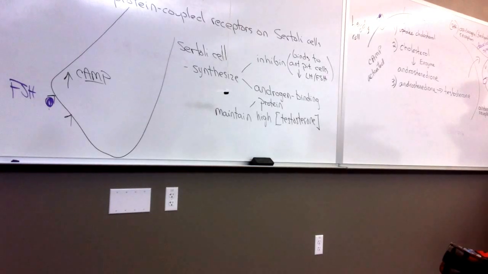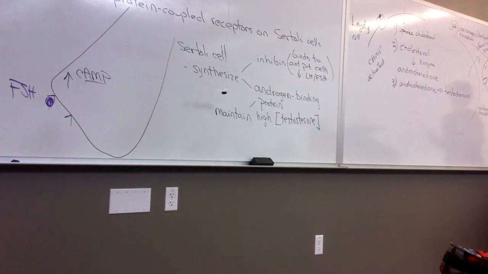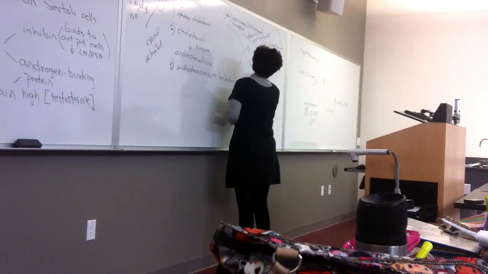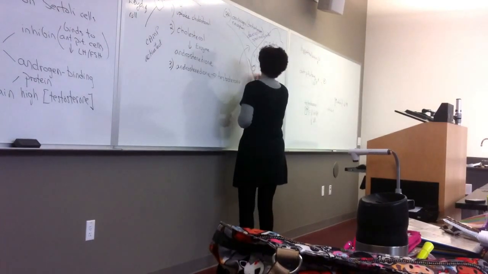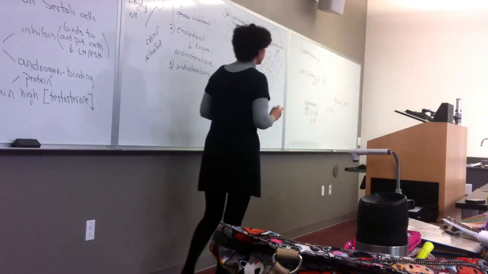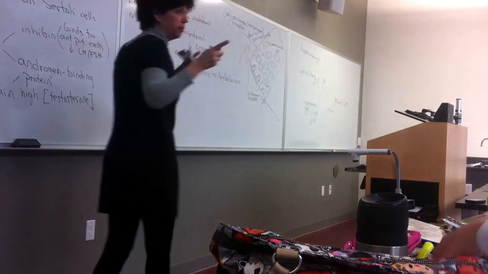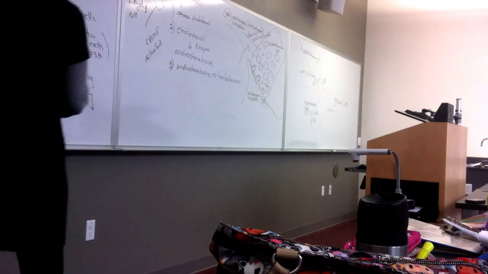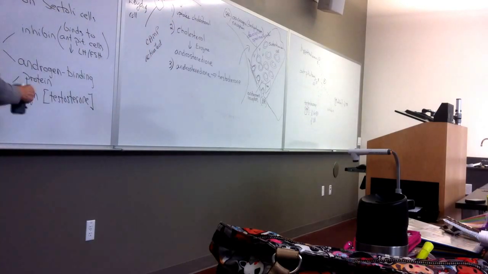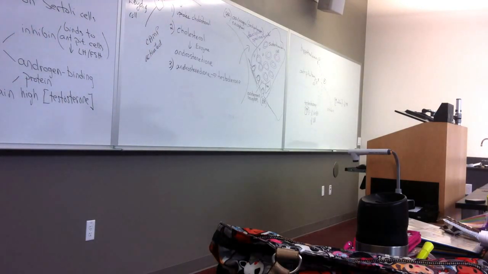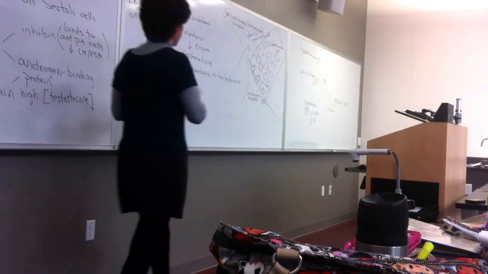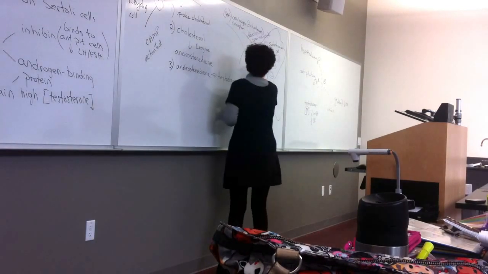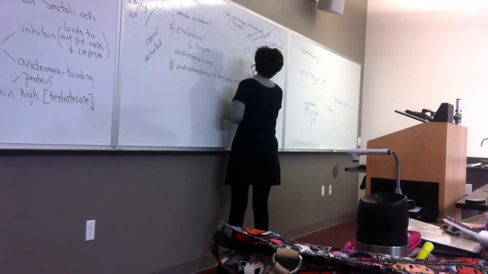One of the components of the basement membrane associated with the sustentacular cell is to maintain what's known as a, remember the blood-brain barrier we talked about with the tight junctions protecting the brain? Well, there is a blood-testis barrier. So the spermatogonia are outside this blood-testis barrier.